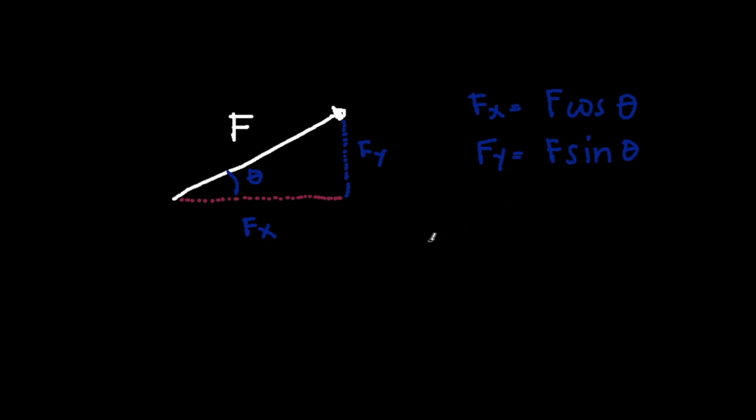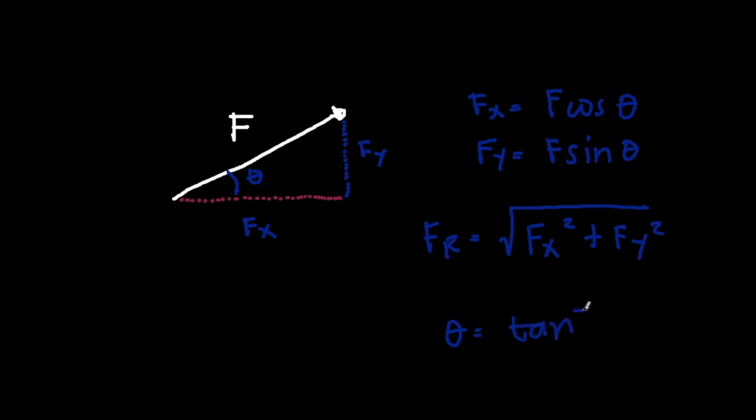And if you want to get the hypotenuse, again, it should just be F sub r is equal to the square root of F sub x squared plus F sub y squared. And then if we want to get the angle, theta is equal to arctangent of y over x. So these are the four important equations that you need to know, which is going to help you at this point of the video.